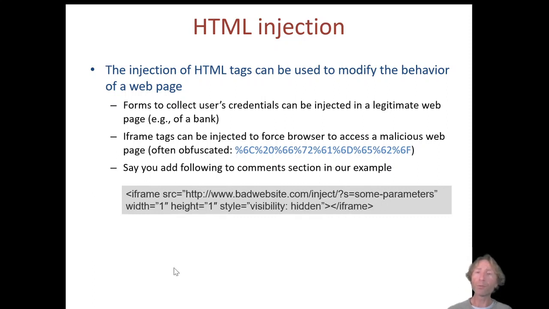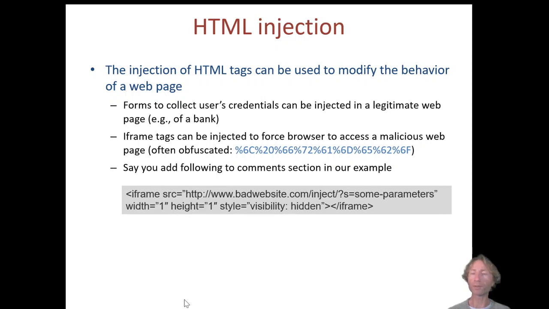For instance, what you could add in the comments section in the previous example is an iframe that comes from some evil site with some parameters, and you make it as small and as hidden as possible. This will simply be interpreted by your browser as legitimate HTML, and therefore the content for that iframe will be fetched.